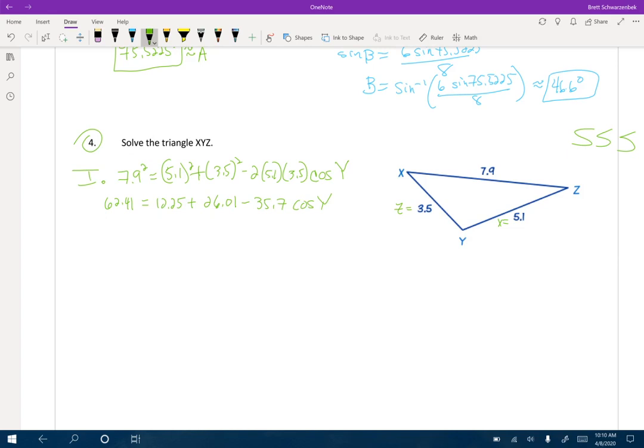Okay, if you do a little bit of math here, 12.25 plus 26.01 is going to give you 38.26. All right. So for that 38.26, remember, you cannot combine these two values. Why? Because order of operations would make you do this multiplication first.